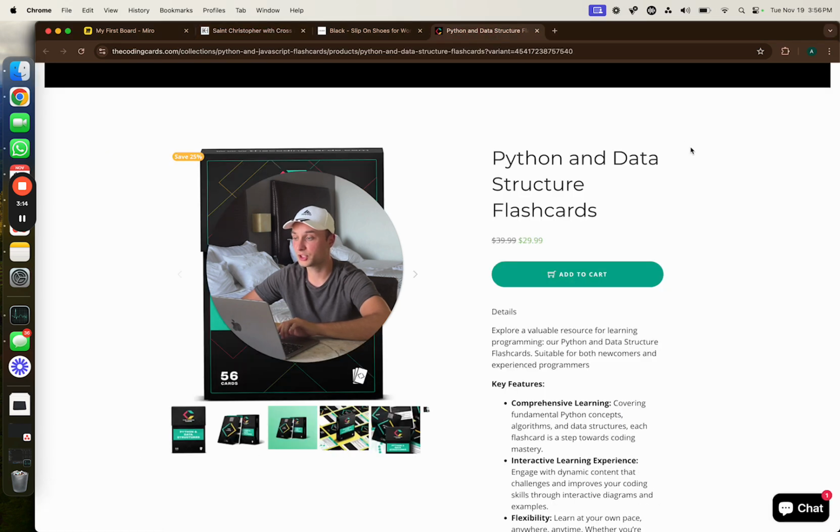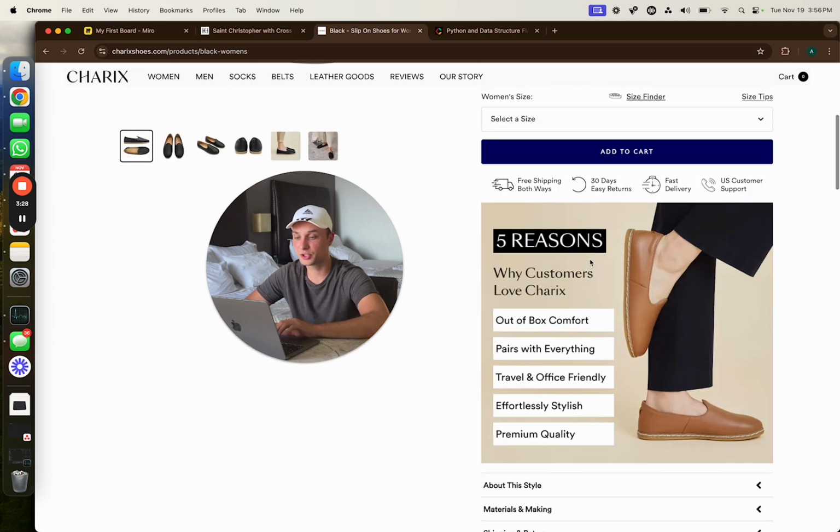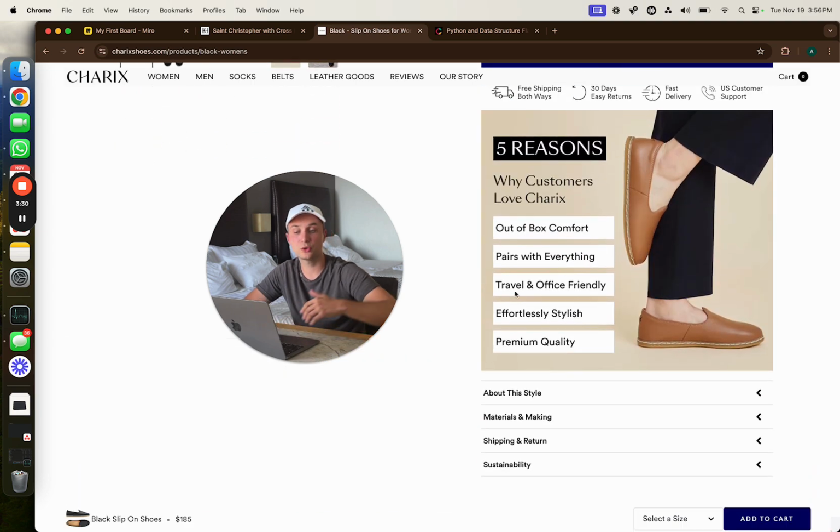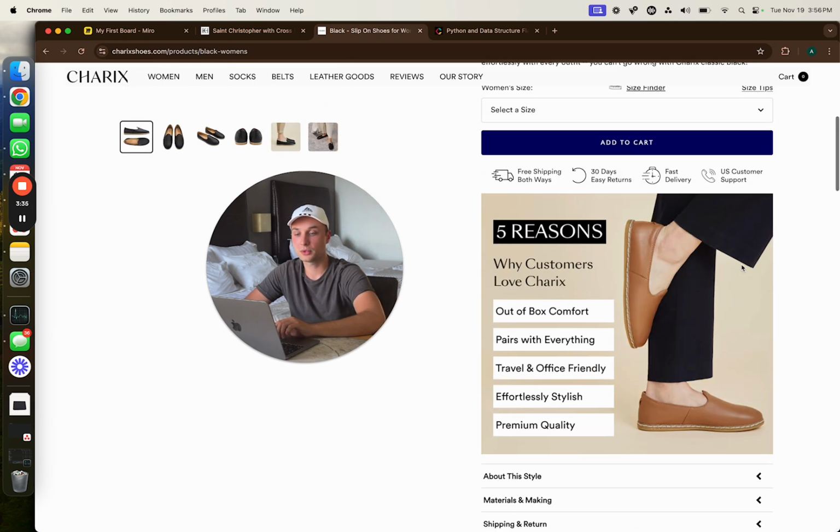So again, just to recap, make sure you do not have a bunch of floating text. Actually figure out what it is that you're selling, what's the use case for it. In the case of Cherrik shoes, you can use them for travel. They're also office friendly, and TSA friendly, again travel friendly.